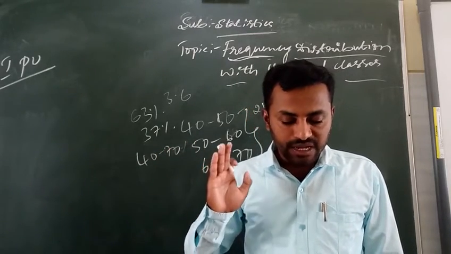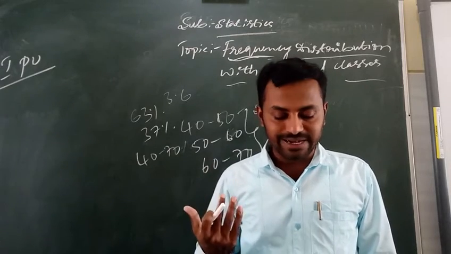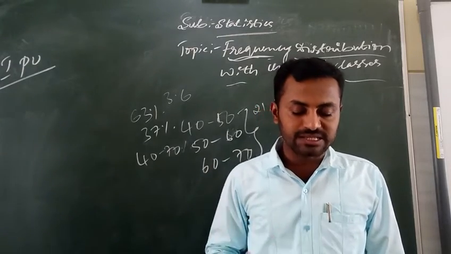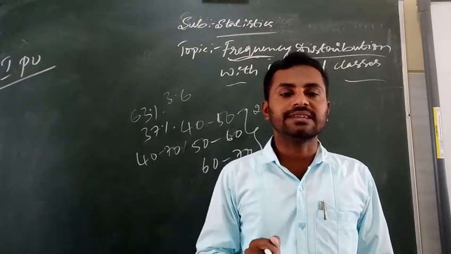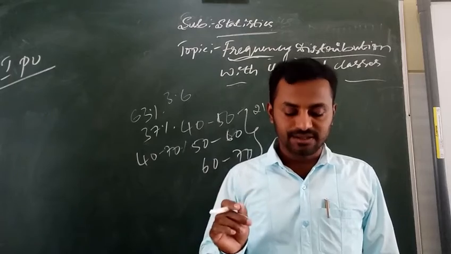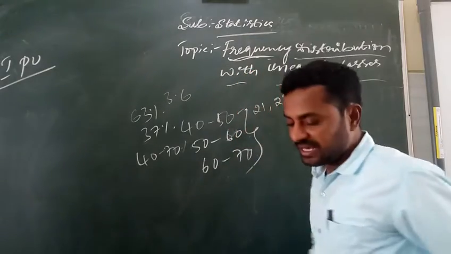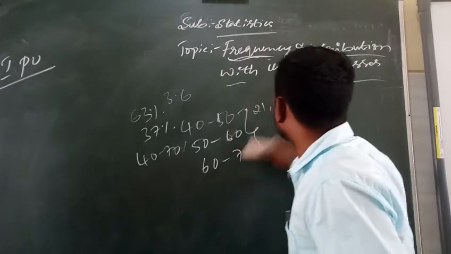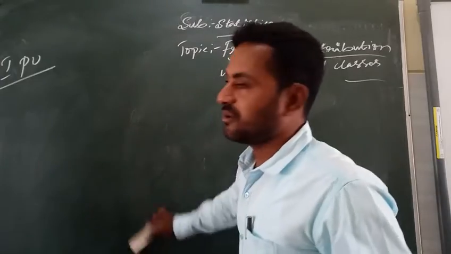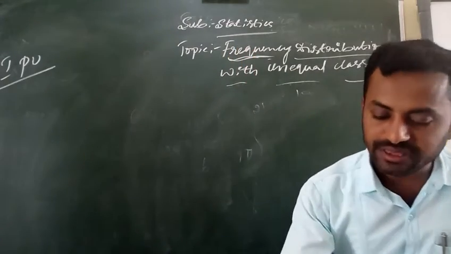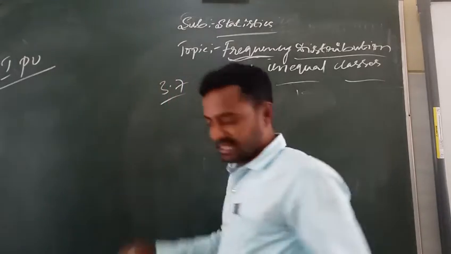Where observations in a class tend to concentrate, the unequal class interval is more appropriate than equal class intervals. That's why we are going to discuss table number 3.7, the frequency distribution with unequal classes.